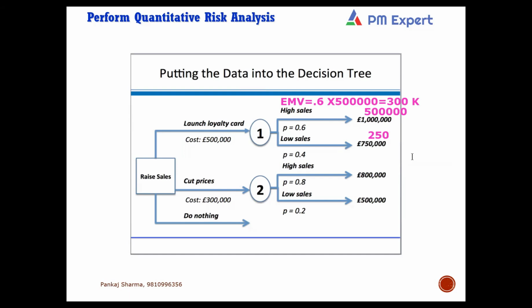Since the profit is 250K and the probability is 0.4, the EMV of low sales is 0.4 into 250, which is 100K. So the total EMV will be 100K plus 300K.